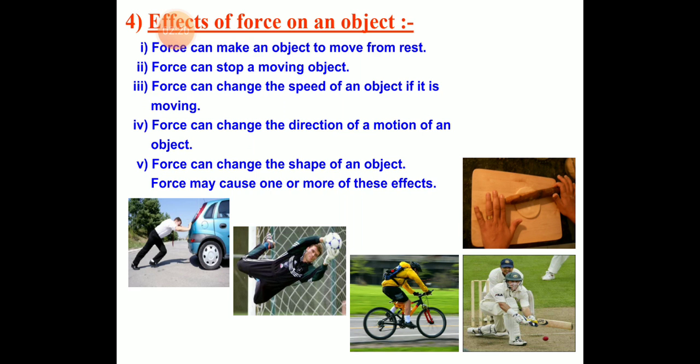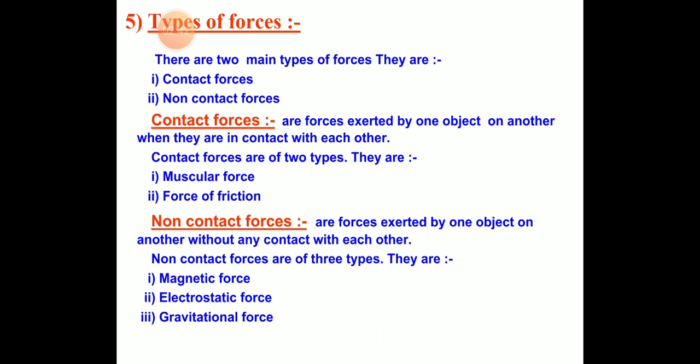See, the batsman is applying force with the bat on a ball and changing the speed and direction of the object. Force can change the shape of the object. So when mother applies force on the dough of wheat, it will convert into chapati. So force may cause one or more of these effects.